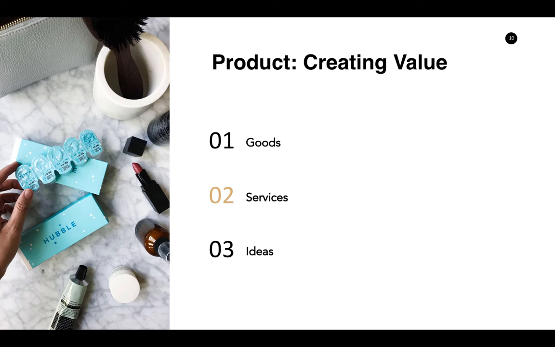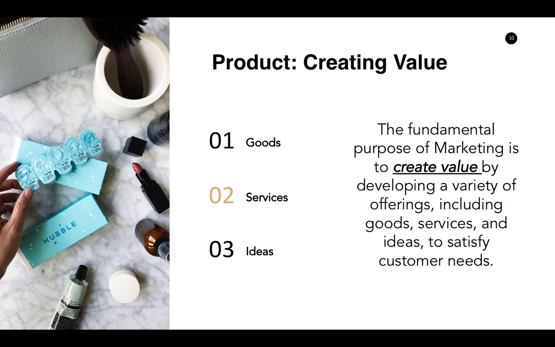But when we talk about product in this class, I don't mean just the actual physical good, but this can be a good, a service, or an idea. The fundamental purpose of marketing is to create value by developing a variety of offerings, including goods, services, and ideas to satisfy customer needs.